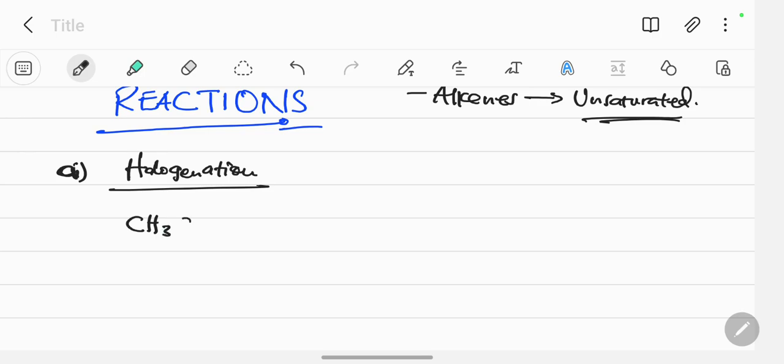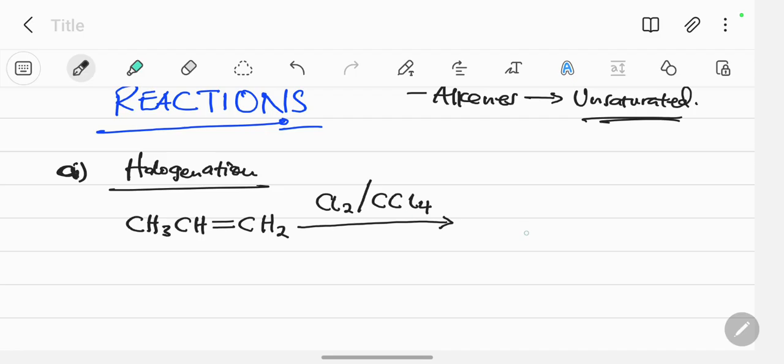CH3, CH double bond CH2, plus chlorine (Cl2), carbon tetrachloride, giving us CH3, CH, CH2. So this carbon atom takes the chlorine there, and this carbon atom also takes the chlorine.